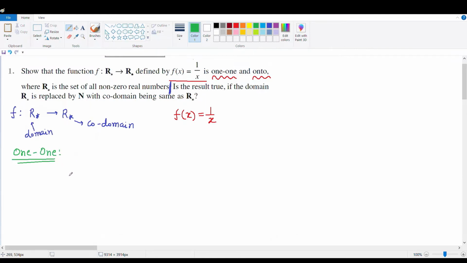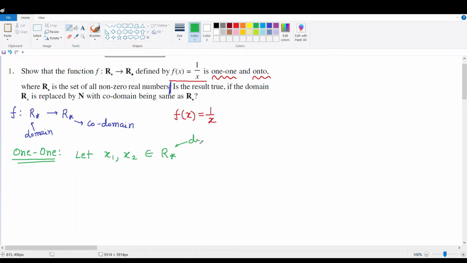To prove 1-1, you always start with picking two elements from the domain. So let's pick two elements from the domain and let's call them x1, x2. So let x1, x2 belong to R star.